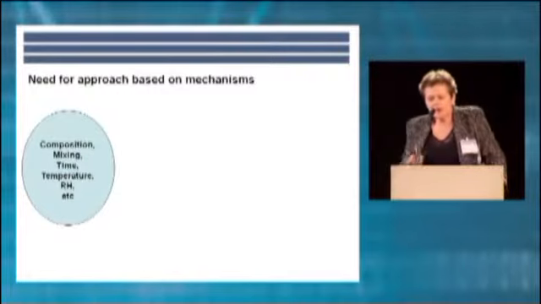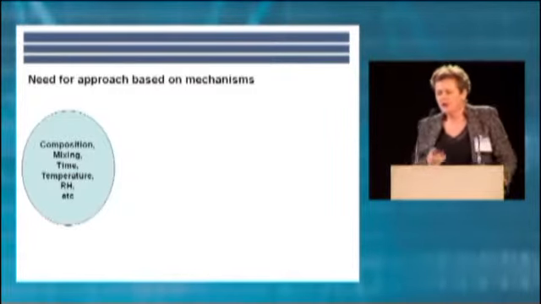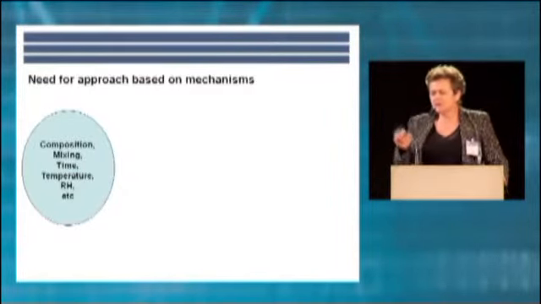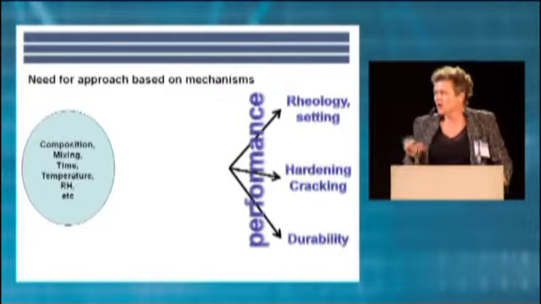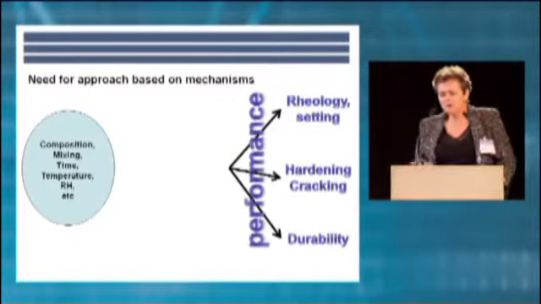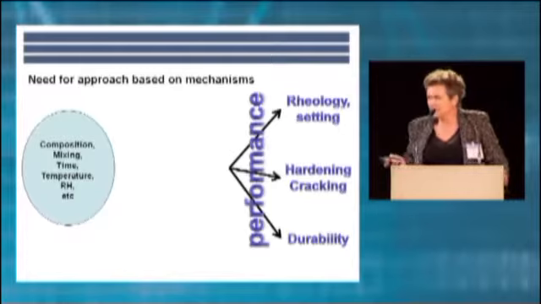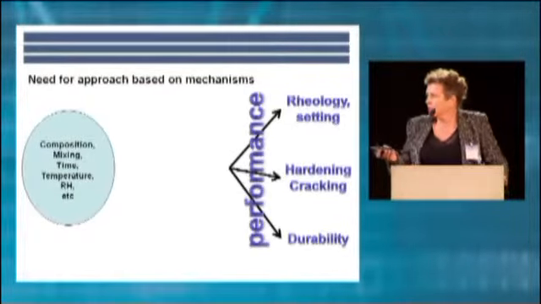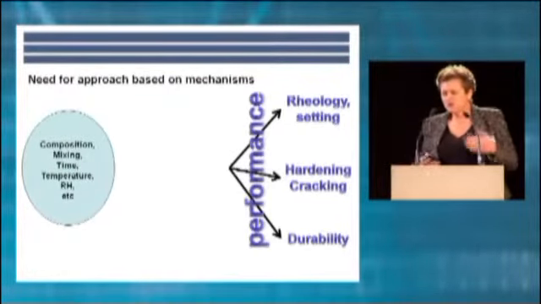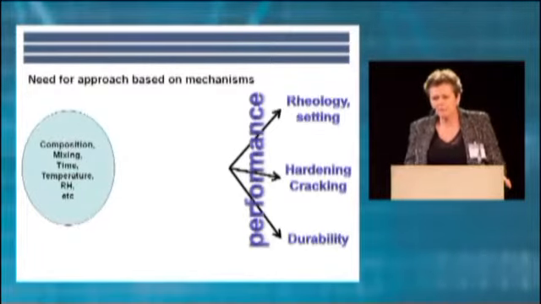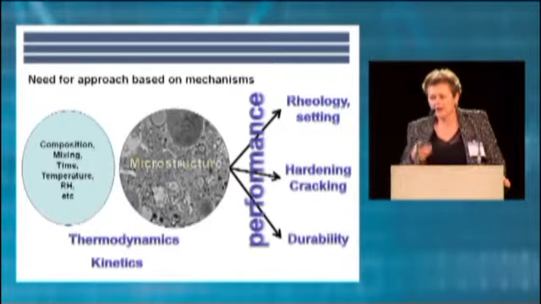But if we're going to do that, then we have to know how the concrete is going to perform. What we really want to be able to do is to go from the composition, the mixing, the time, the temperature, etc., to the performance expressed by a diversity of things, for example, the early properties, the properties during hardening, the durability. And I think we can ultimately do this scientifically if we can well understand the microstructure, which is centrally positioned.